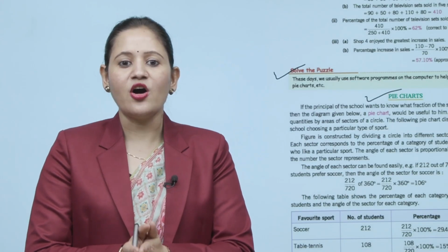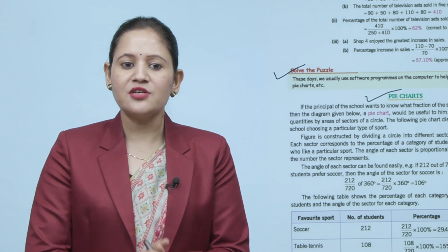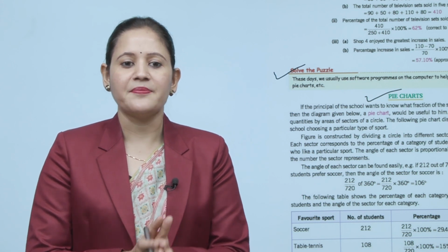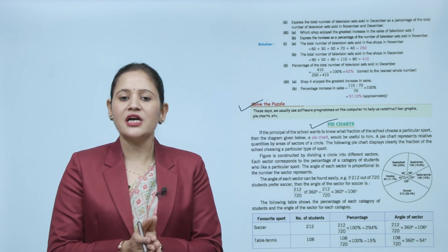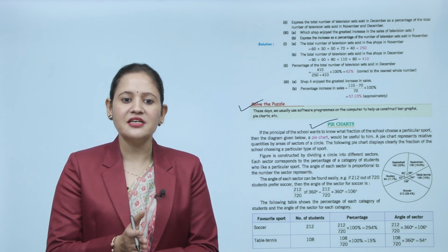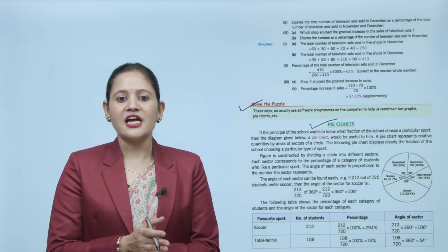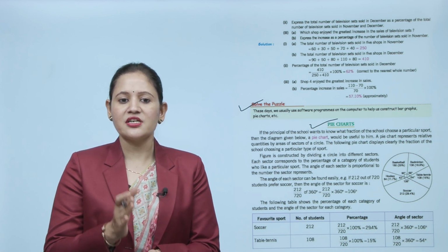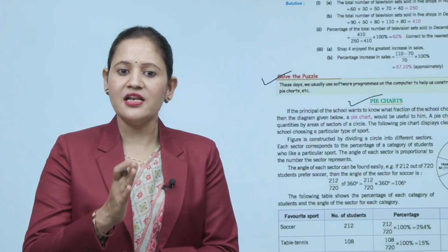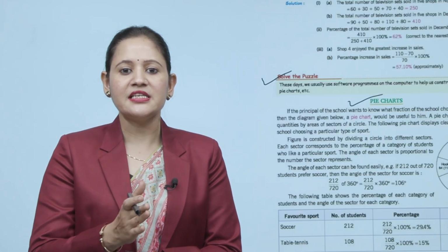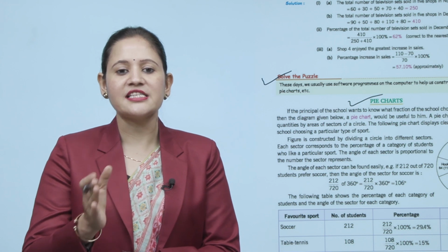The angle of each sector is proportionate to the number represented. The angle of each sector can be found easily. For example, if 212 out of 720 students prefer soccer, then the angle of the sector of soccer is 212 upon 720 of 360, that is 212 upon 720 multiplied by 360, that is 106 degrees.